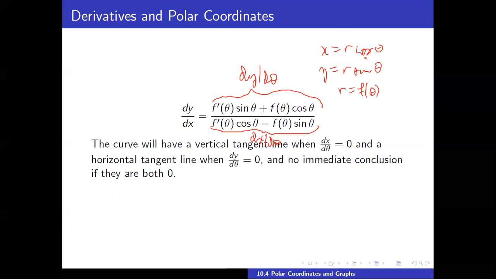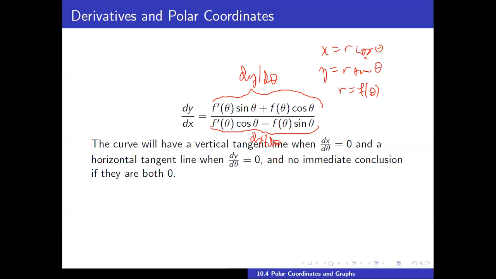Well, when will we have a vertical tangent line? Well, whenever the denominator is 0. Yes? If the denominator is 0, we will have a vertical tangent line. Most of the time, unless the top is also 0 at that angle, yes? If the top and bottom are 0 at the same time, then there's some conflict. When will we have a horizontal tangent line?